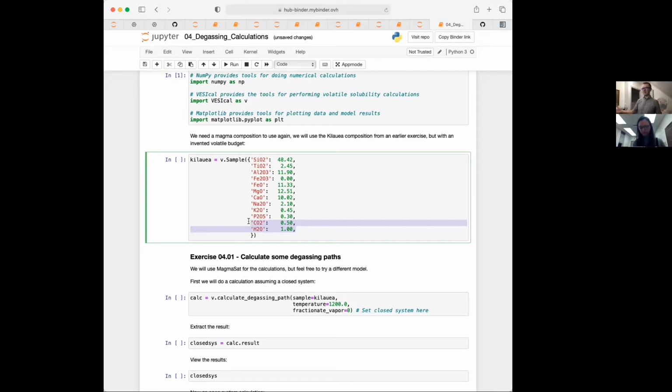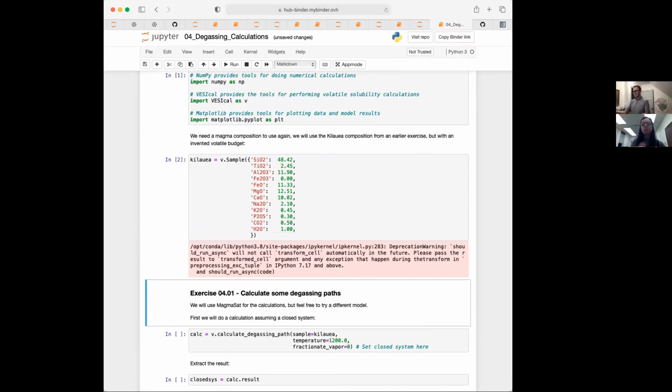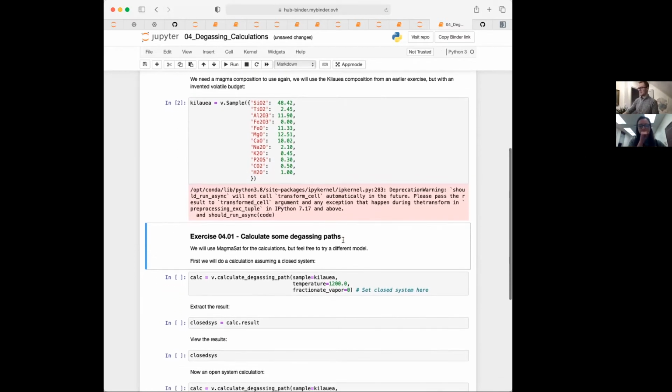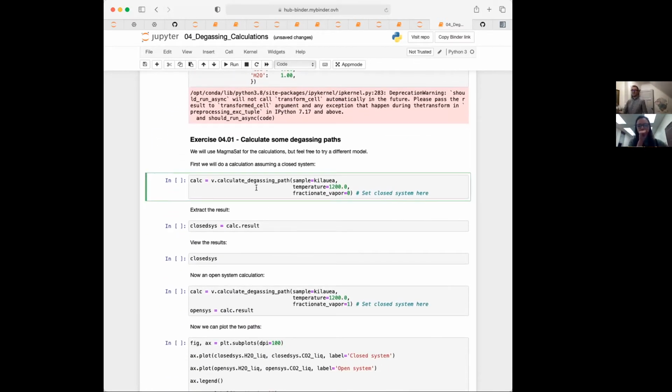So we're going to think about something that's maybe closer to having a primitive composition of volatiles. I mean, the values I've chosen at random may be totally unrealistic, but they're higher, which is the main point. So 0.5 weight percent of CO2 and 1 weight percent of water.